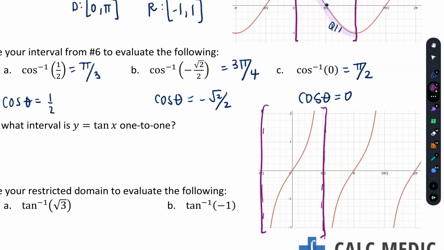If we restrict the domain for tangent, very similar to sine, what happens at negative pi over 2 and pi over 2? Would I put a bracket around them? Why? Perfect, so I'm going to put parentheses from negative pi over 2 to positive pi over 2.